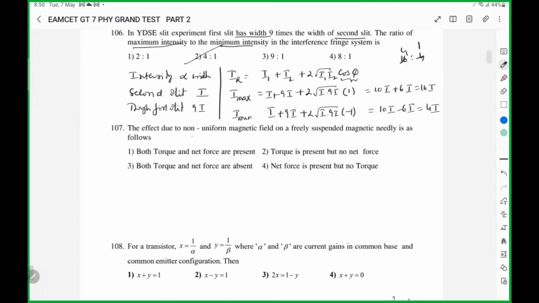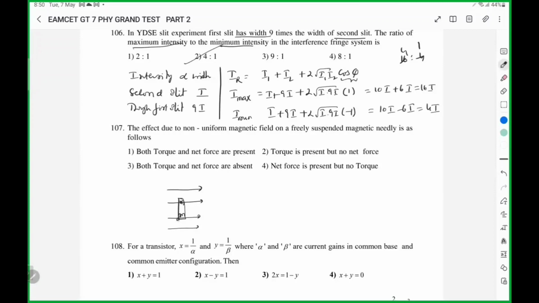Suppose we assume the magnetic field is uniform. Then once a magnet is placed, here is a pole strength, and here is a pole strength.